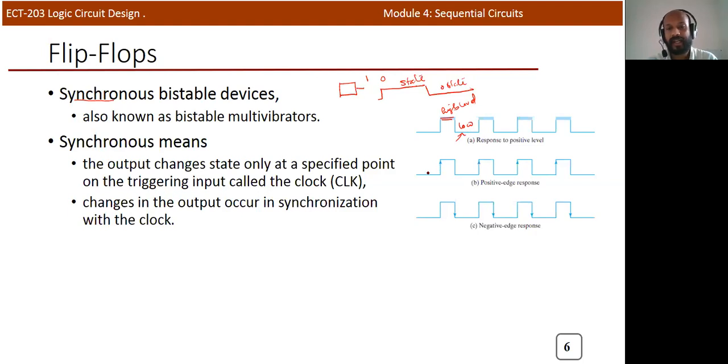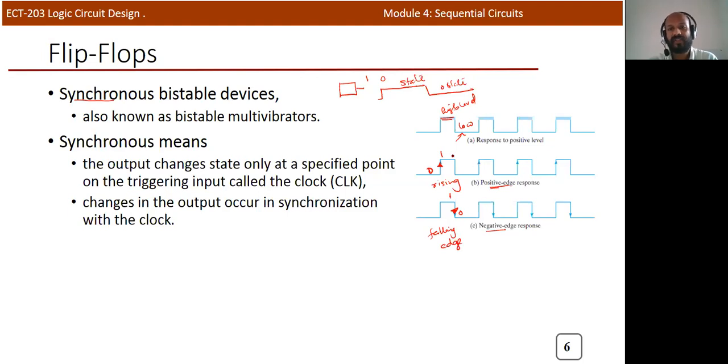Okay, and here you can see there's a transition from 0 to 1, and this 0 to 1 transition we normally call the positive edge, or a rising edge. And another point: there's a transition from 1 to 0, and this 1 to 0 transition point is known as the negative edge, or we can call it a falling edge.